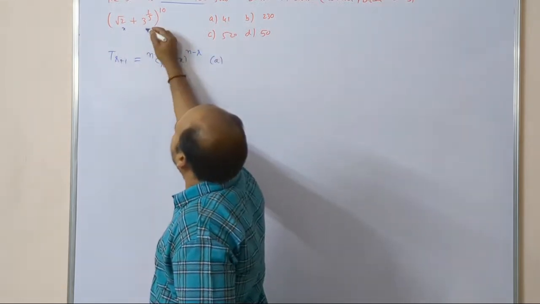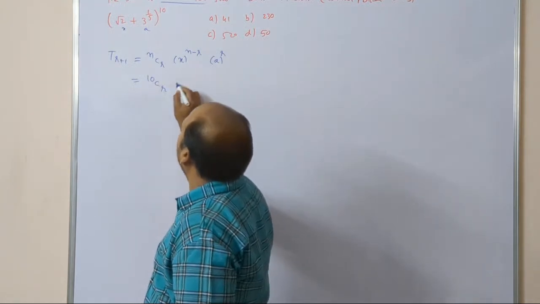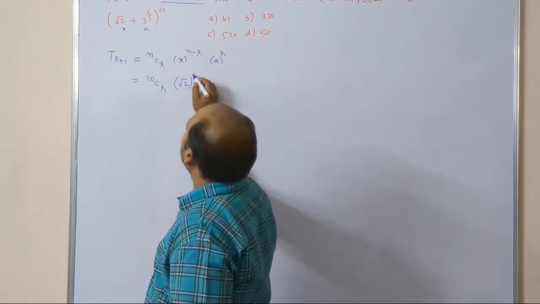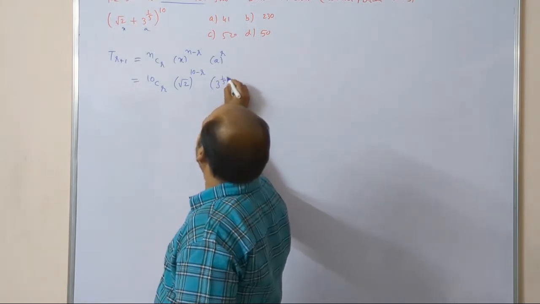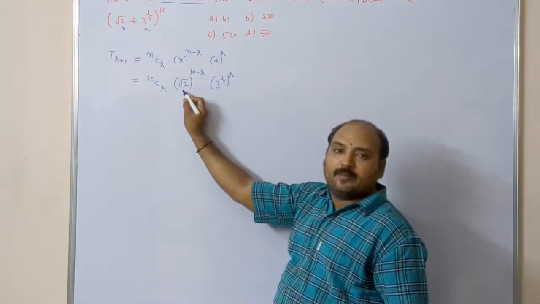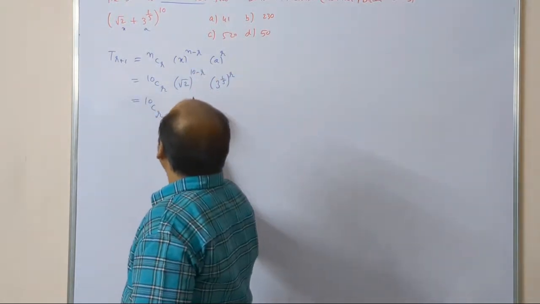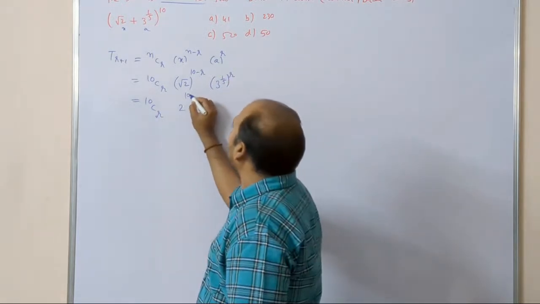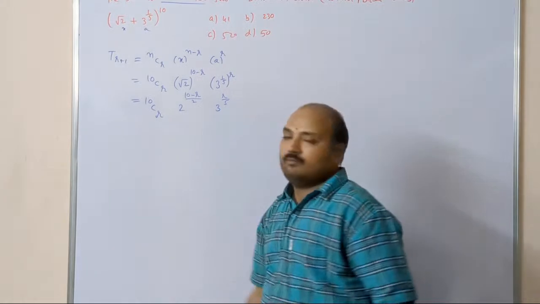So n means 10: 10Cr, x value root 2 whole power 10 minus r, a value 3 power 1 by 5 whole power r. Even root 2 can be reduced to 2 power 1 by 2. So 10Cr 2 power (10 minus r) divided by 2, 3 power r by 5.